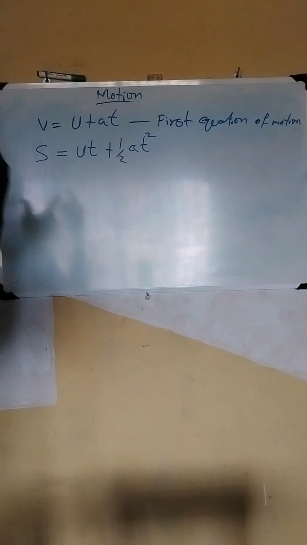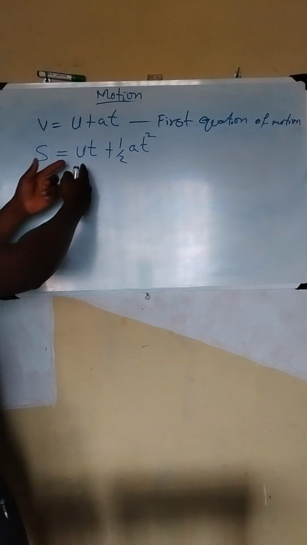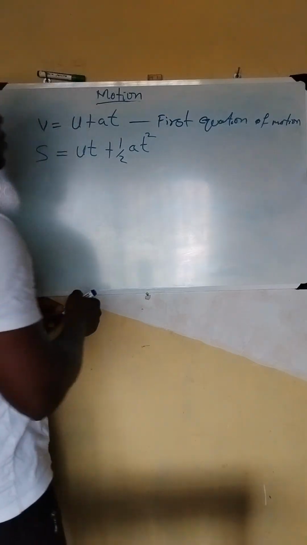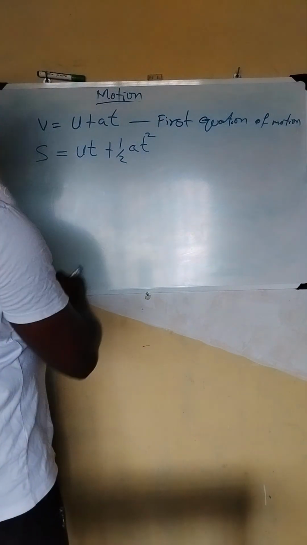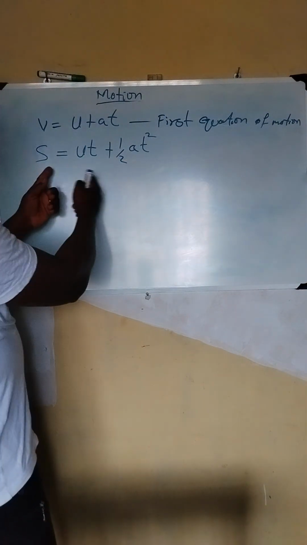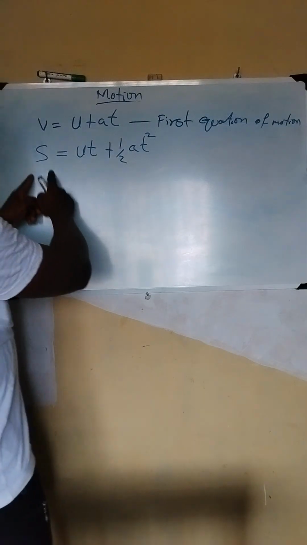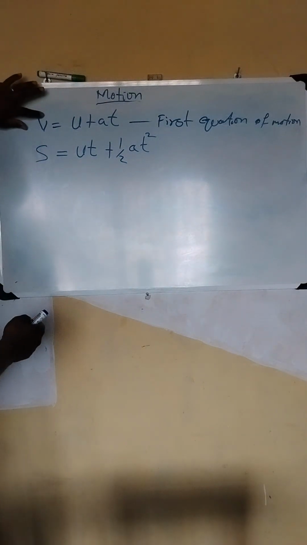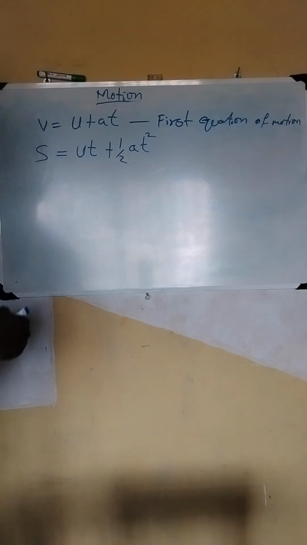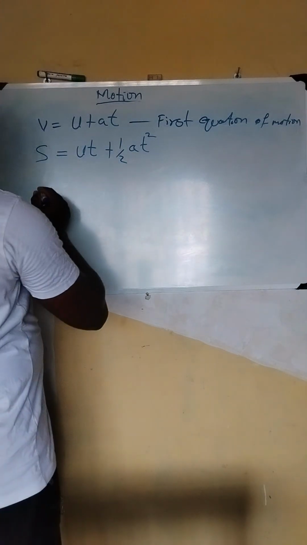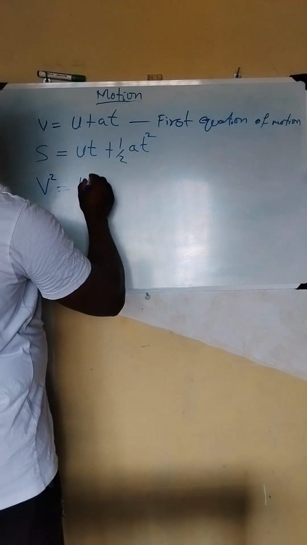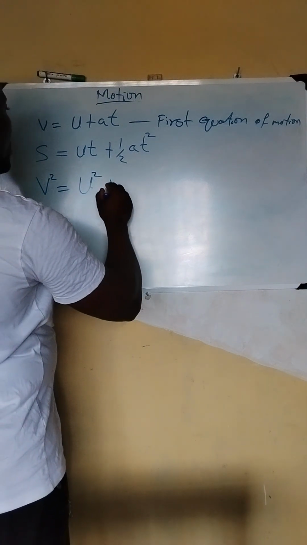So here, when you have distance, the initial velocity and time, then acceleration, you make use of this second equation. You call it second equation of motion. Then you notice that this one explains the relation between distance, time, and what? Acceleration. There's nothing like a final velocity.